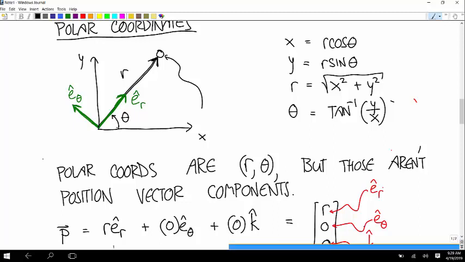Remember that when you're talking about motion in a plane, the angular velocity is just the time derivative of the angle. And so the capital omega vector is just going to be 0, 0, and then theta dot in the z direction. Are you with me on that?